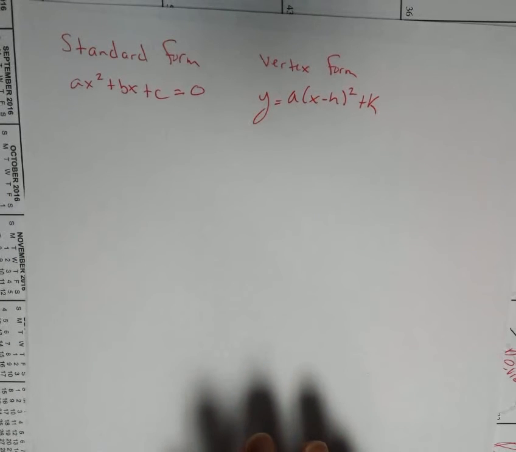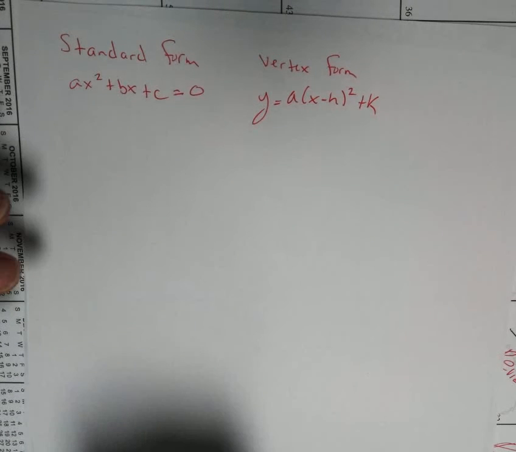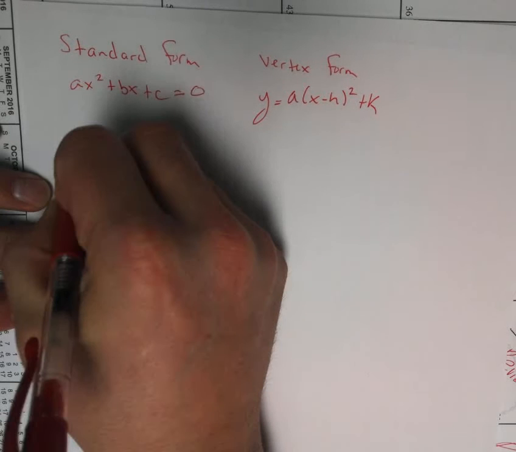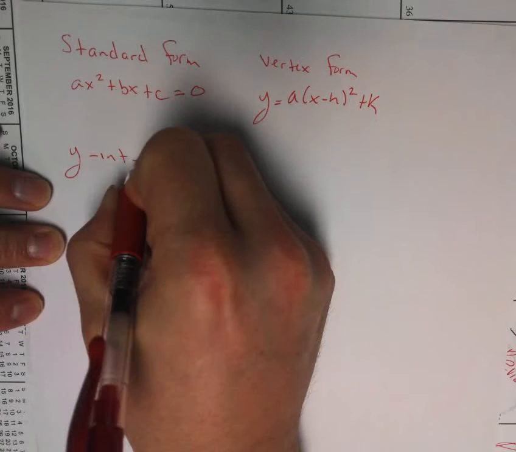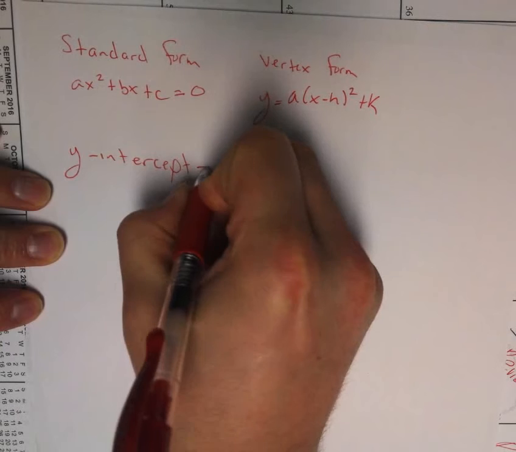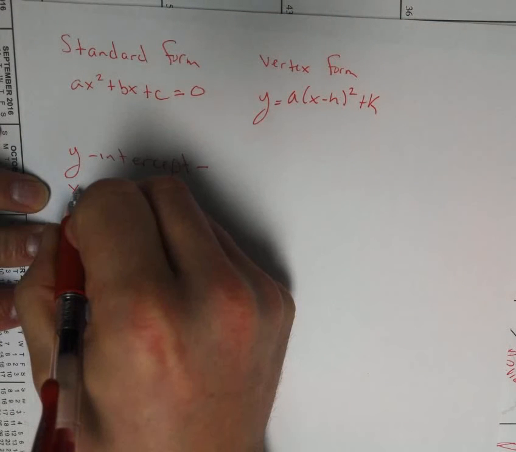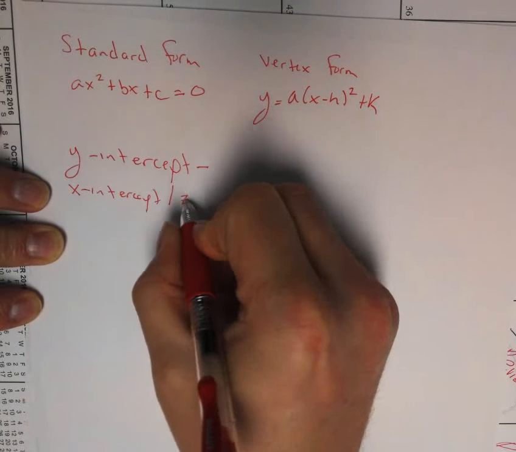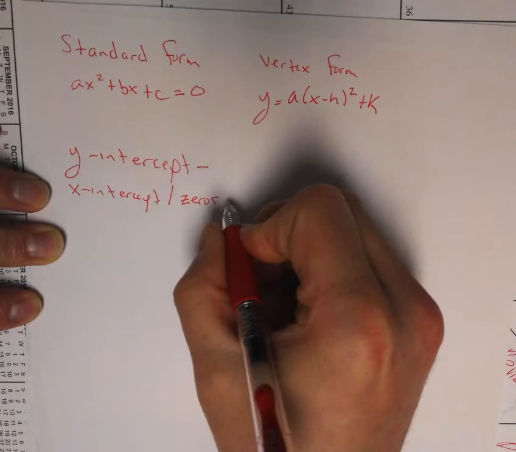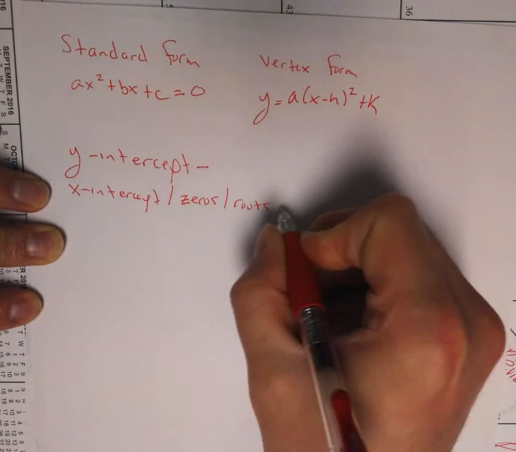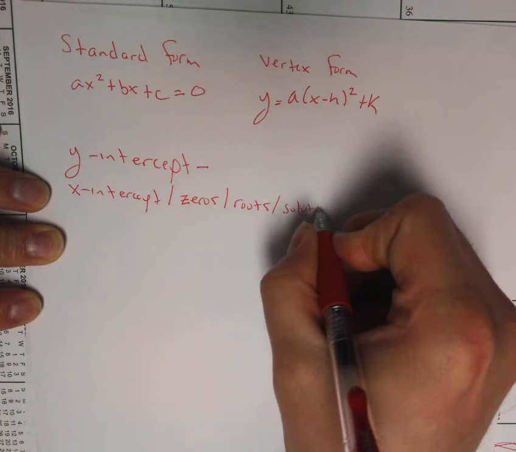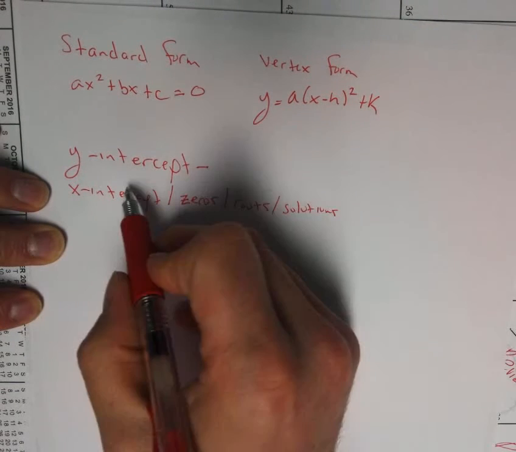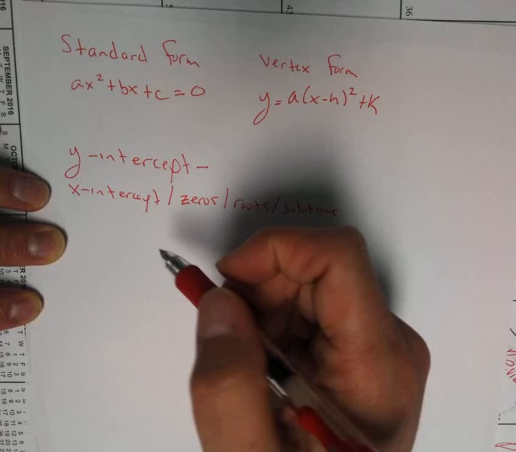Alright, and these characteristics are, we have a y-intercept, which we'll talk about these definitions in just a second. We have an x-intercept, which is also referred to as zeros or roots or solutions. These are a couple different names you might see associated with x-intercepts.